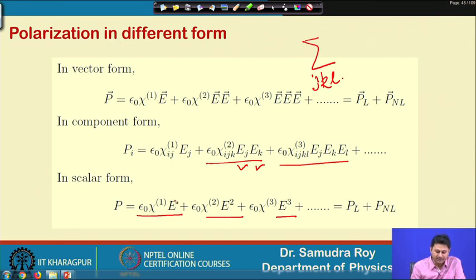You can see that the vector sign as well as the ij term is removed here.